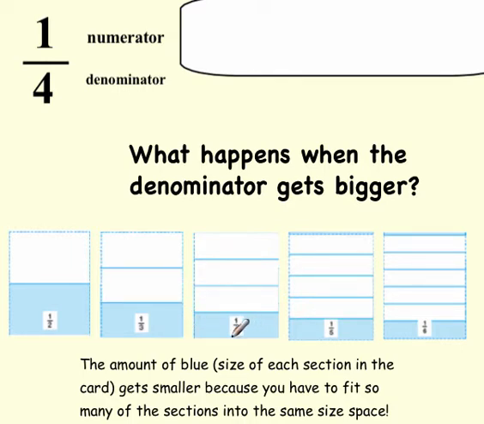But when the number on the bottom, the denominator of the fraction, gets bigger and bigger and bigger, the size of each piece is smaller. So when you have a really big number for your denominator and the numerator is 1, then that means your fraction is really small. 1/2 is a much larger amount of space than, for example, 1/6, which is really small.